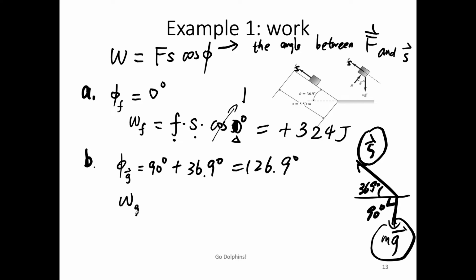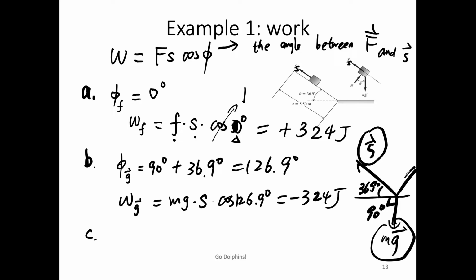So the work done by weight is mg, which is the force, times S, cosine 126.9, equals negative 324 joules. Okay, and then the normal force. This is your S, this is your normal force.